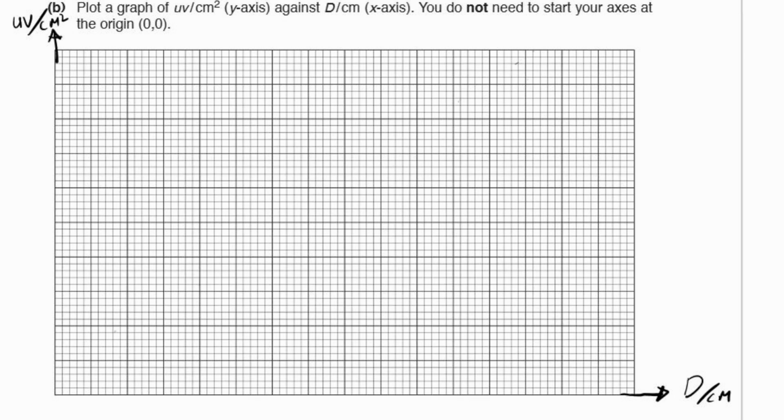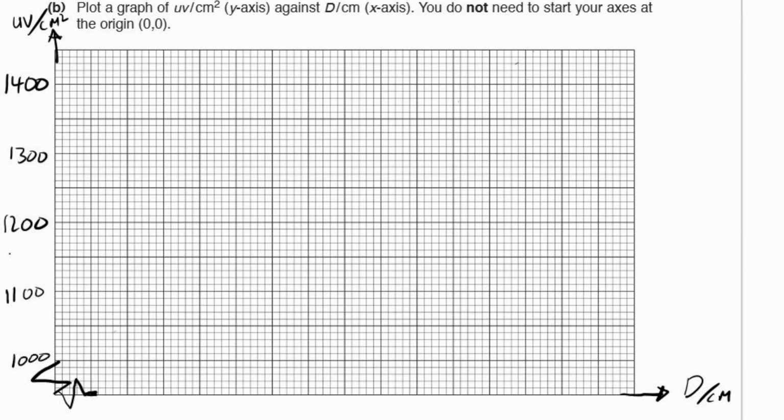Now we're being asked to plot UV in centimetres squared on the y-axis, so there we go, and D in centimetres on the x-axis. And as I said, we want to put a jump into the axis, and we do that with that little symbol there, that little jump. Now let's start putting our values in for UV and for D. There we go.